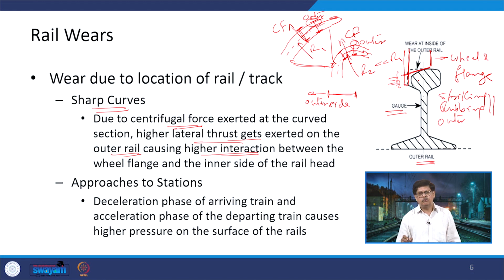There will be more stresses in this particular area, and slowly you will find that the shape has changed. There is either a loss of the material, or some deformation has occurred at that particular location. It may also happen that some shelling of the material may be there, which we discussed previously.